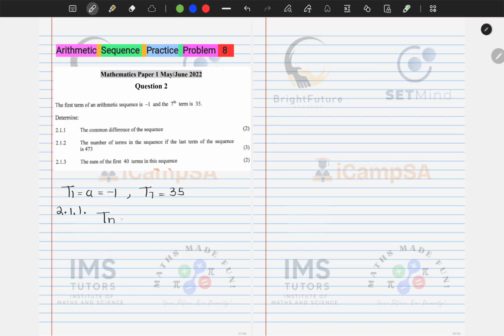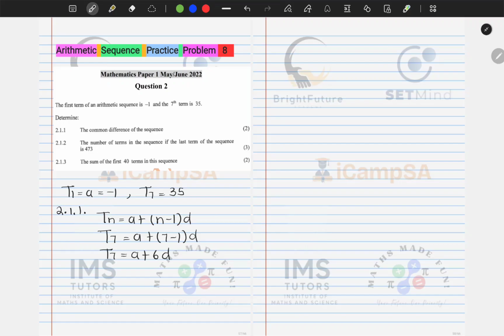What we know about Tn of an arithmetic sequence is that it is always a plus n minus 1 multiplied by d. So for T7, we will have a plus 7 minus 1 times d. Essentially, T7 will be a plus 6d.